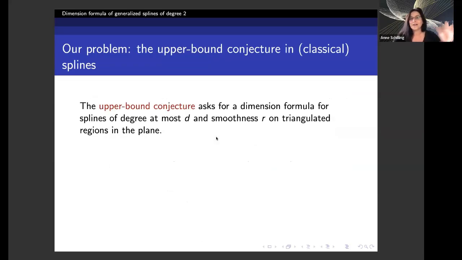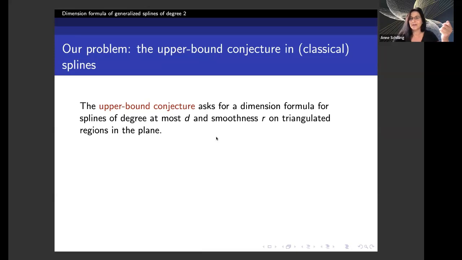So what is the problem that I want to address today in this talk? There is something called the upper bound conjecture for splines, and this conjecture asks for a dimension formula for splines of degree at most d.